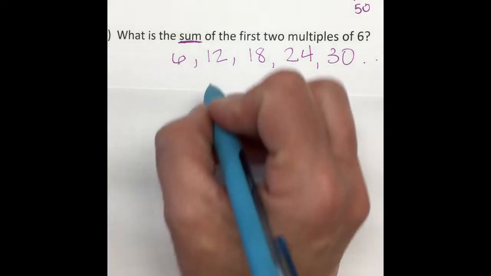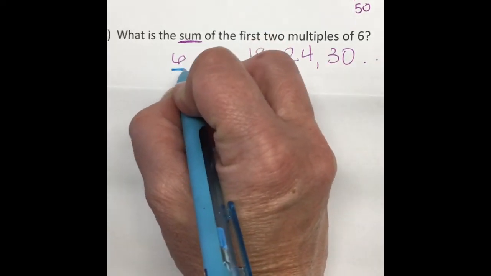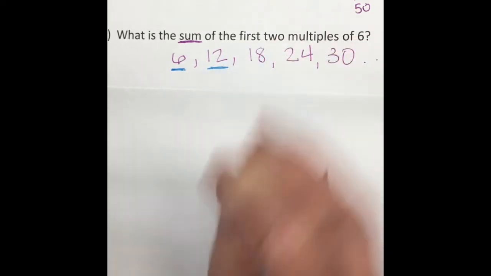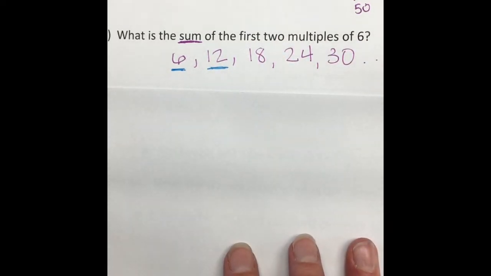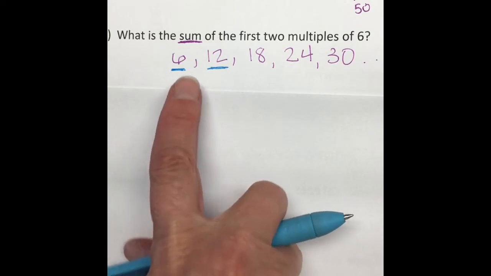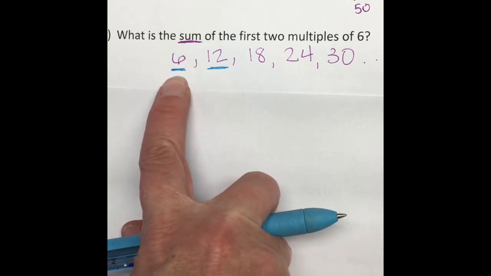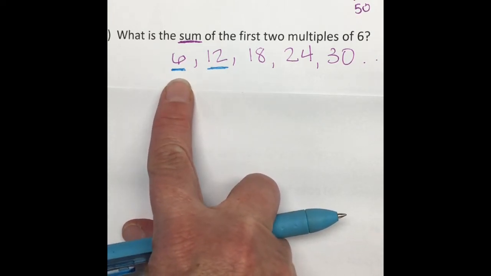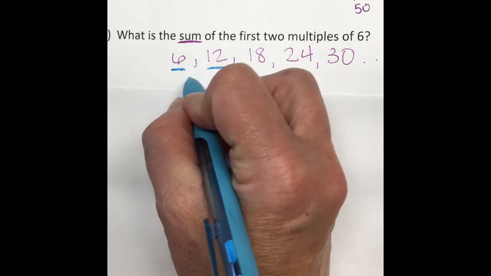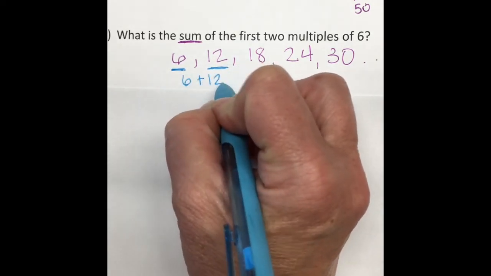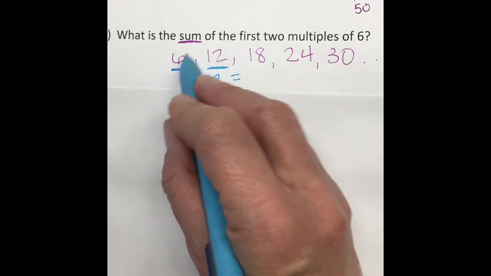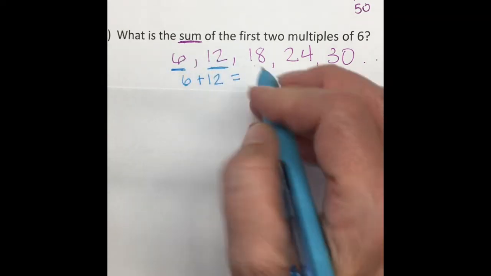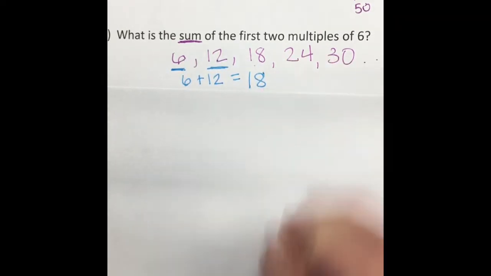In this case, the first two multiples are 6 and 12. Remember, the first multiple of a number is always the number itself. So we add 6 plus 12, and 6 plus 12 equals 18.